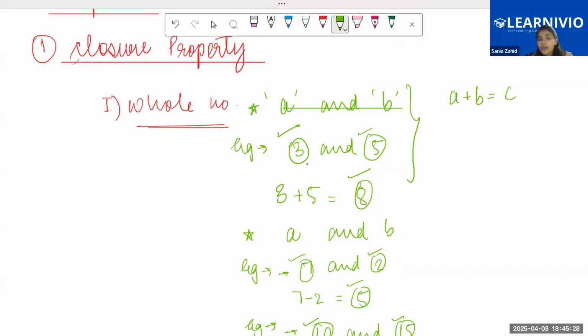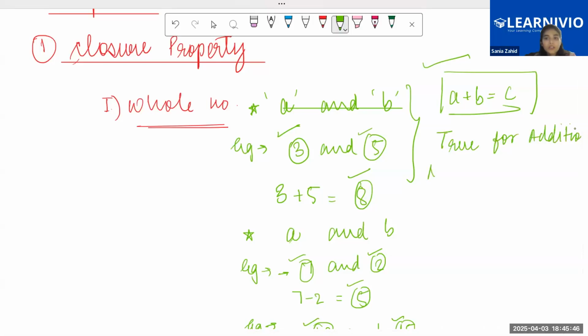So for whole numbers, this is true: if A is a whole number, B is a whole number, then C is also a whole number. But it is true just for addition. Not true for subtraction.